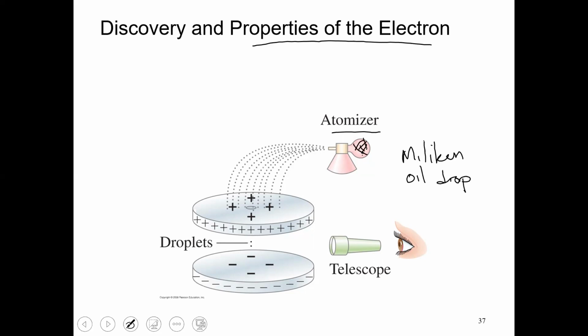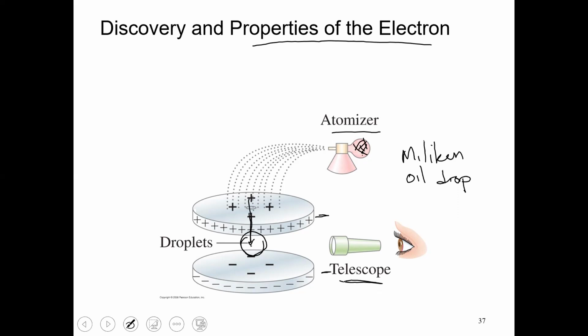So you have this atomizer of oil, and you charge the oil, and you get the electric field adjusted just right on these two plates, so that some of the droplets that fall through the center of the top plate are suspended in midair.